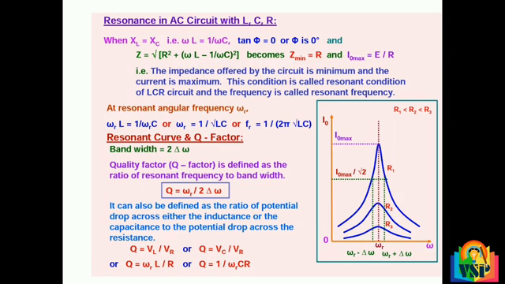Q is equal to VL by VR. Q is equal to VC by VR. Q is equal to omega R L by R. Q is equal to 1 by omega R C R. Q is just a number having no dimensions. It can also be called the voltage multiplication factor.